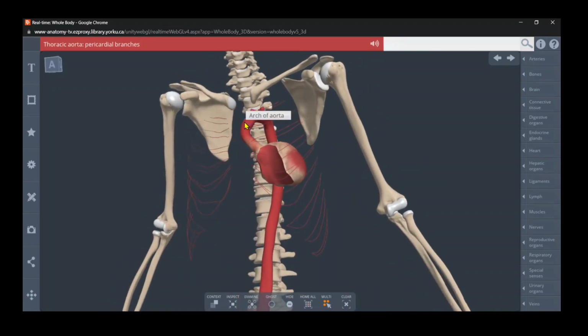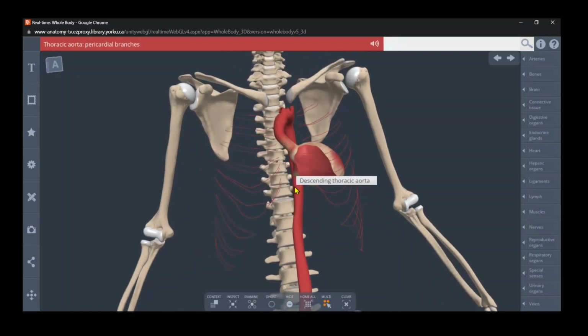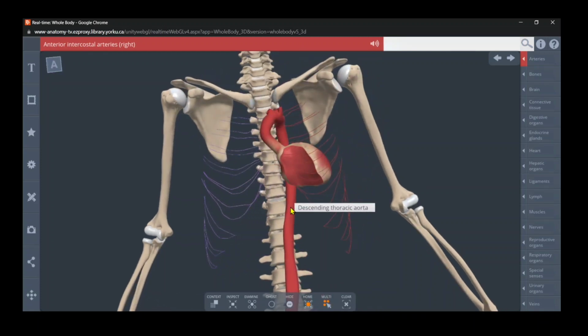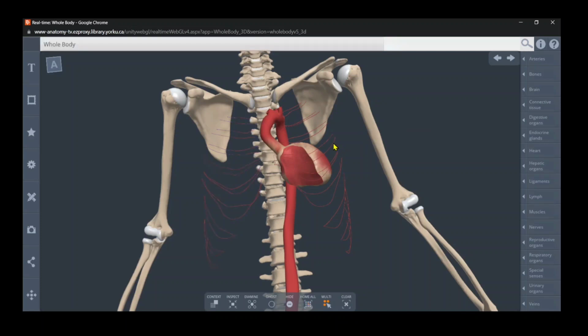Now, sorry, continuing down, oh, sorry, one more thing I have to mention. It doesn't actually connect here towards the descending thoracic aorta, and that's because I just simplified it by removing it. But these intercostal arteries, I'm not too sure if you can see them.